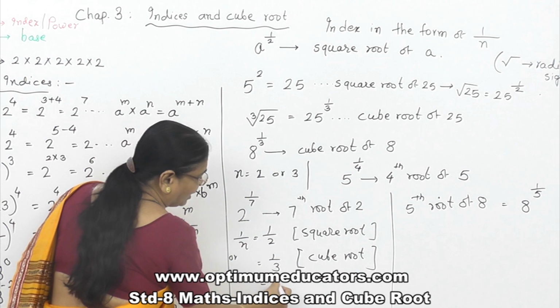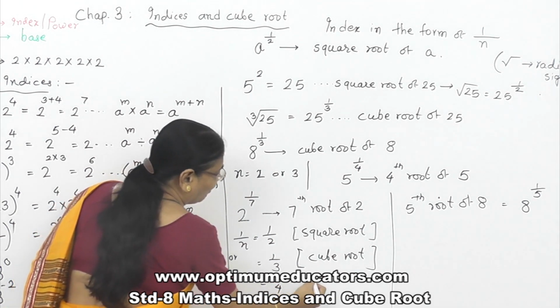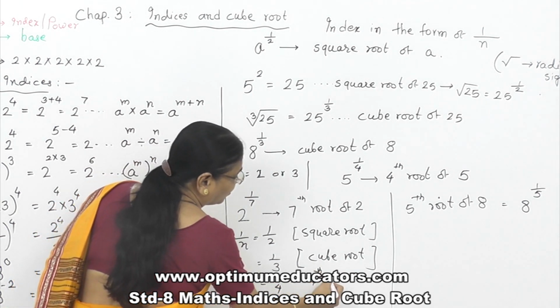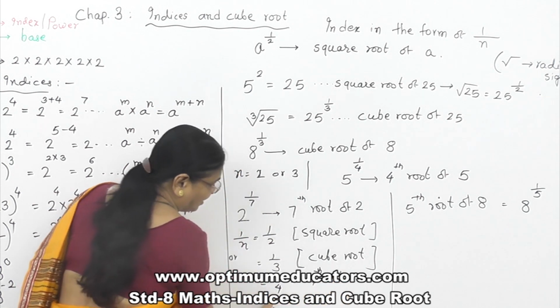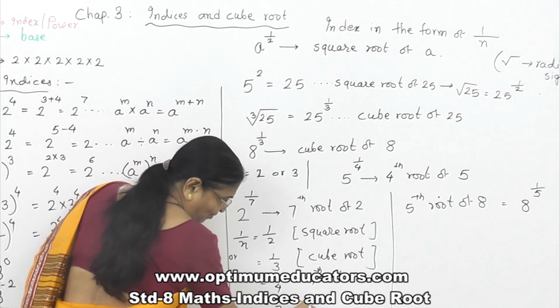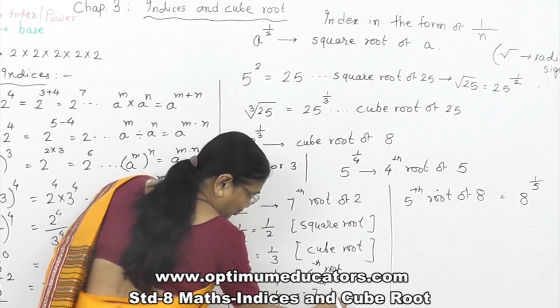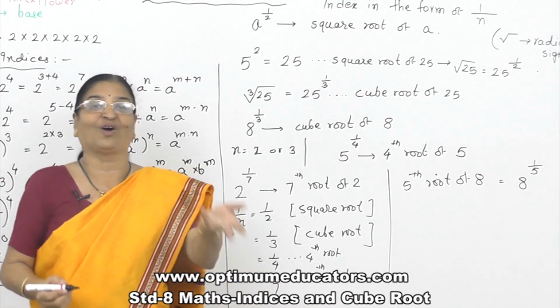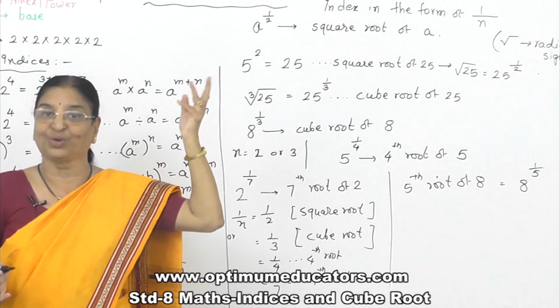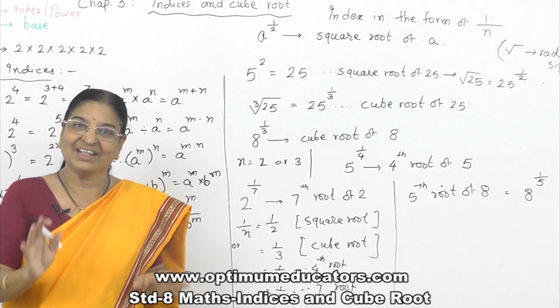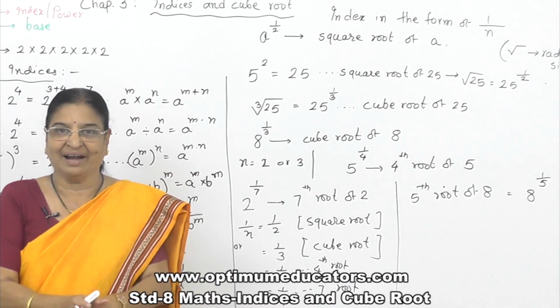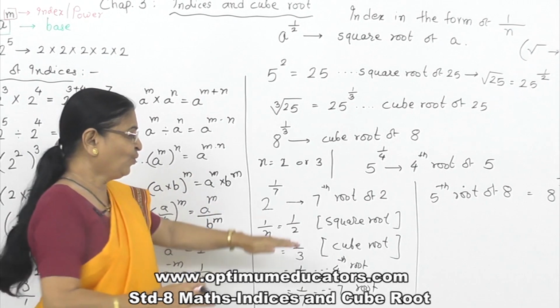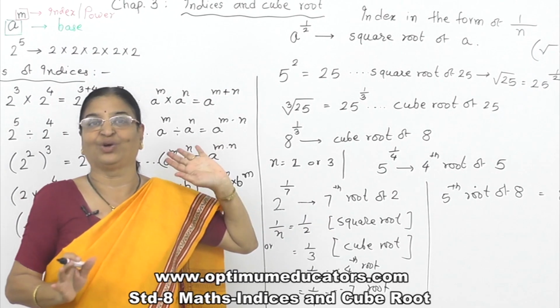But if it is 1 upon 4, then we will call it fourth root. If it is 1 upon 7, we will call it seventh root, and so on. If it is 1 upon 28, then we will call it 28th root, and so on. Okay. Generally, in our standard, that is 8th standard, we need only square root and cube root.